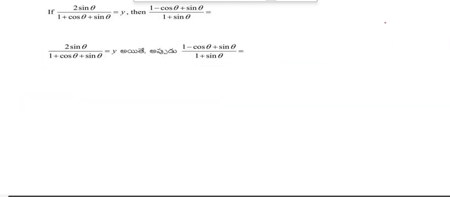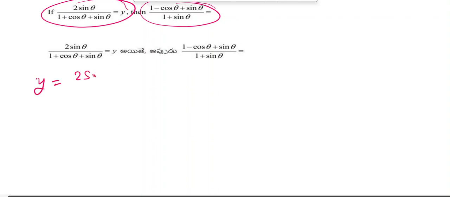This is a question from trigonometry. Here it is given that 2 sin theta by 1 plus cos theta plus sin theta is equal to y. Then find the value of 1 minus cos theta plus sin theta by 1 plus sin theta. So given y is equal to 2 sin theta by 1 plus cos theta plus sin theta.